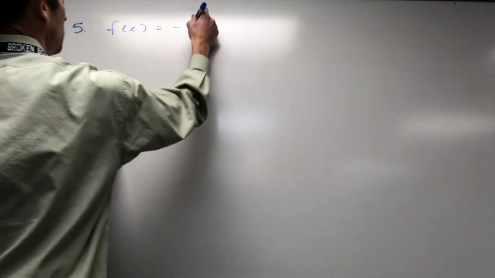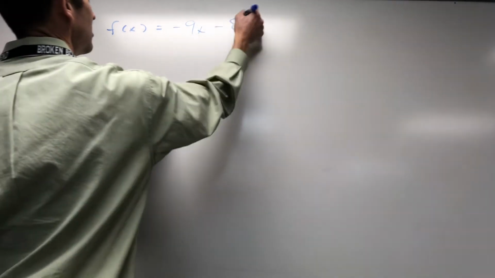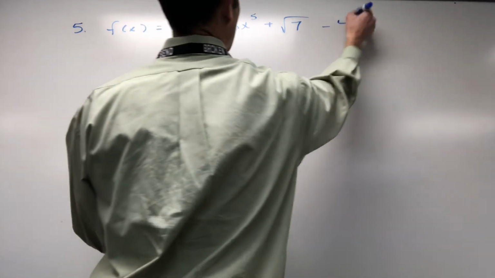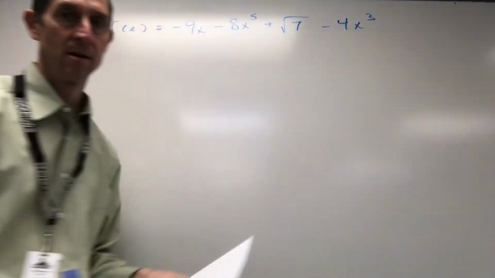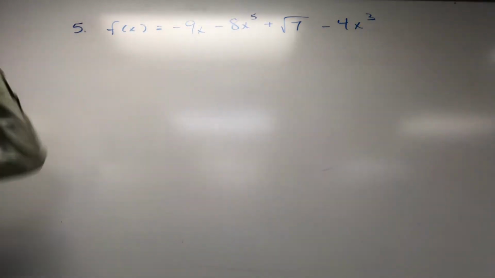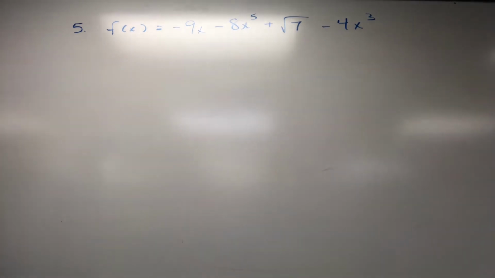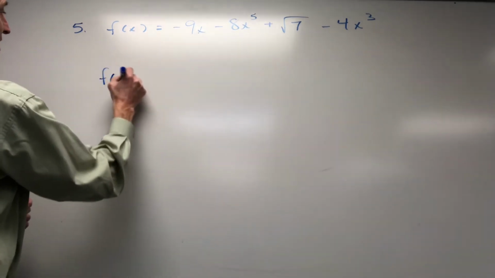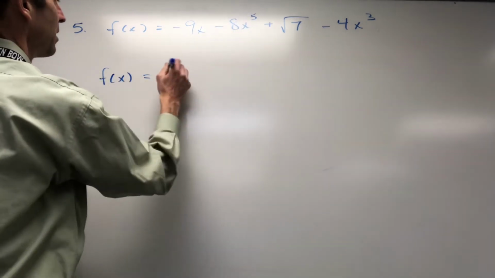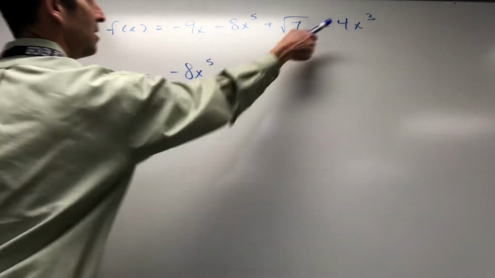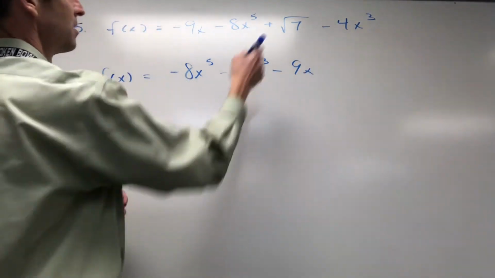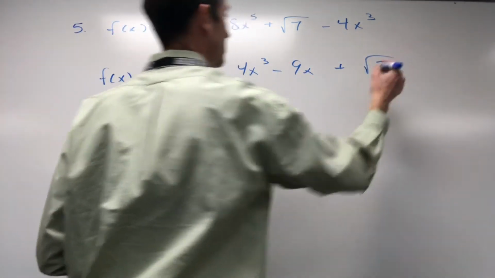F of x is equal to, let's do a crazy one here. All right, we've got this humongous polynomial function. And I might even take the time to rewrite this. Let's put it in descending order. Fifth power is first, third power, 9x, and then just my square root of 7 on the end.